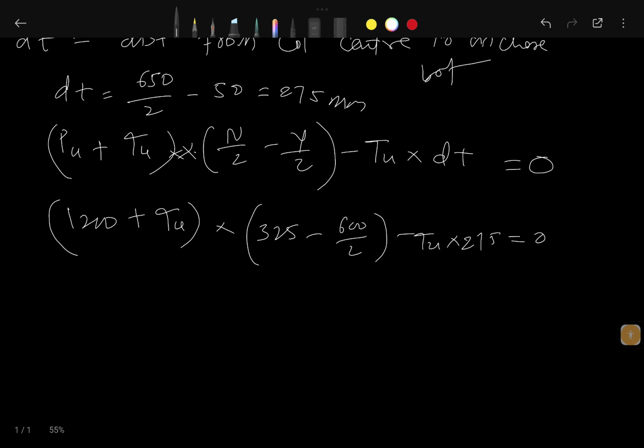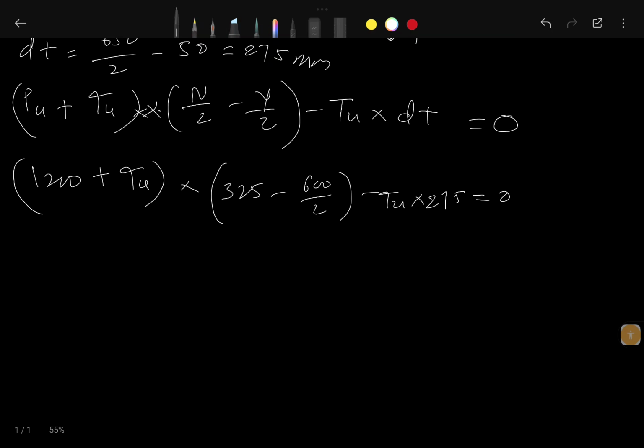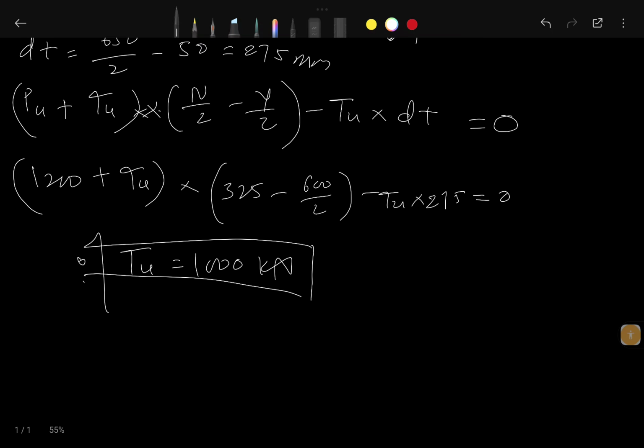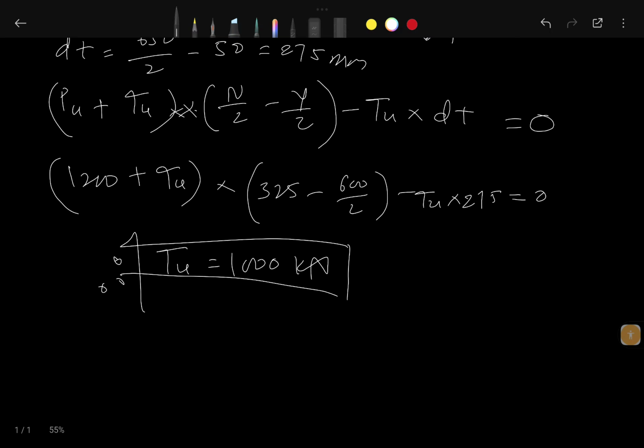If we solve this equation, we get Tu is equal to 1000 kilonewton. This is the total factored tensile force to be resisted by the anchor bolts on the tension side. So this force the anchor bolts will actually carry.